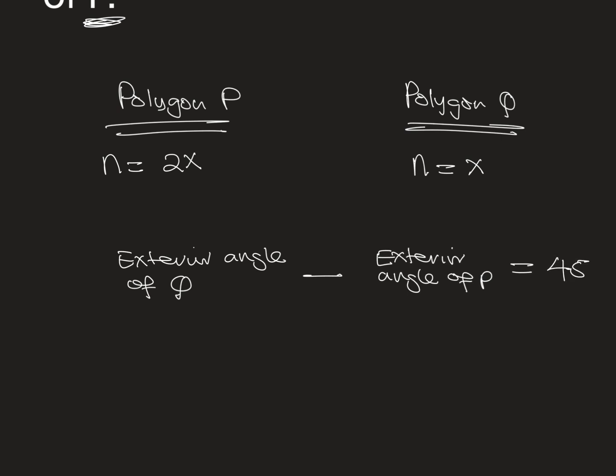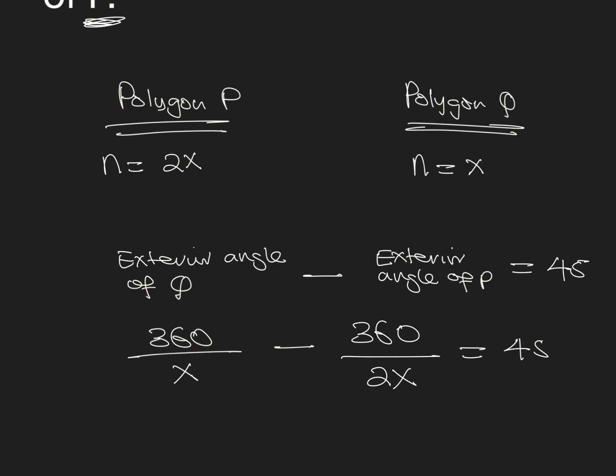Now, what is the formula for exterior angle? For Q it is going to be 360 divided by n. And what is the number of sides for Q? Q is x. Minus the exterior angle for P, which is going to be 360 divided by n, where n is now 2x for that of P. This is equal to 45.